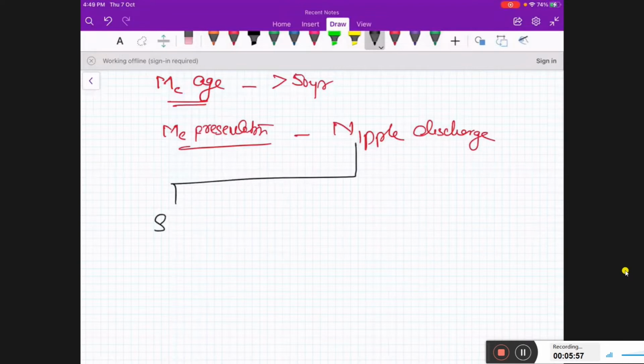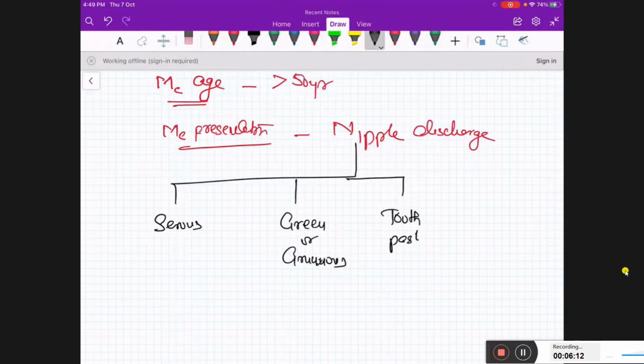There can be serous discharge. There can be green colored or grummous discharge. There can be a toothpaste-like discharge. There can be a blood stained discharge also.